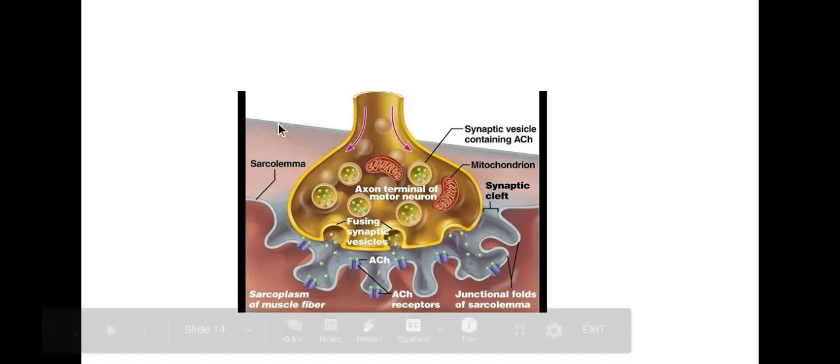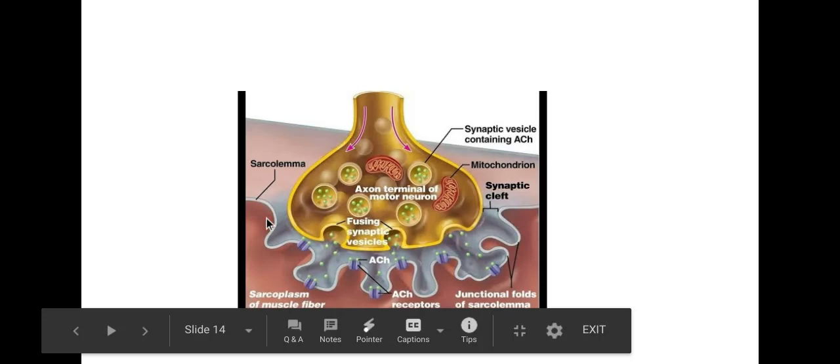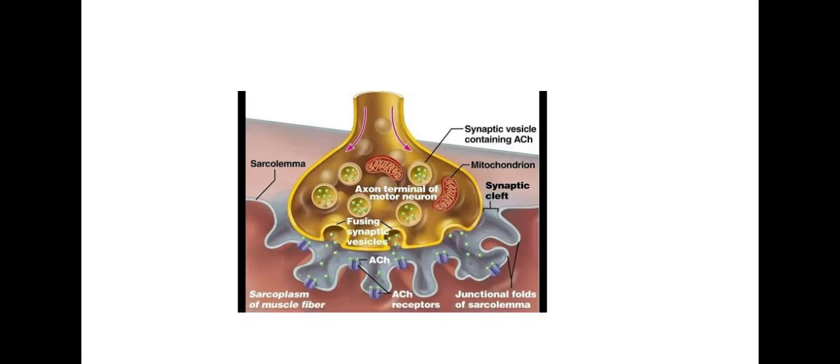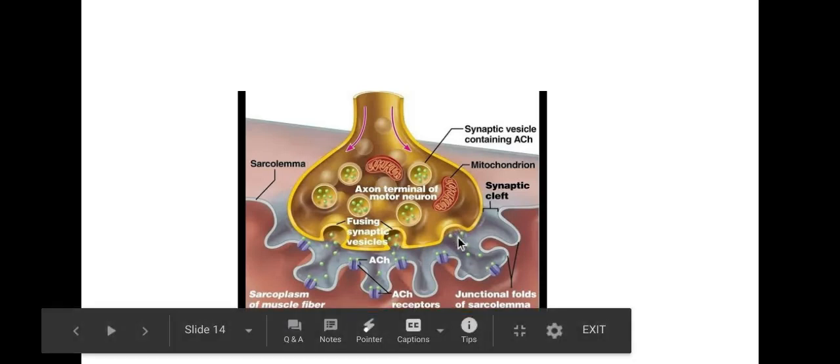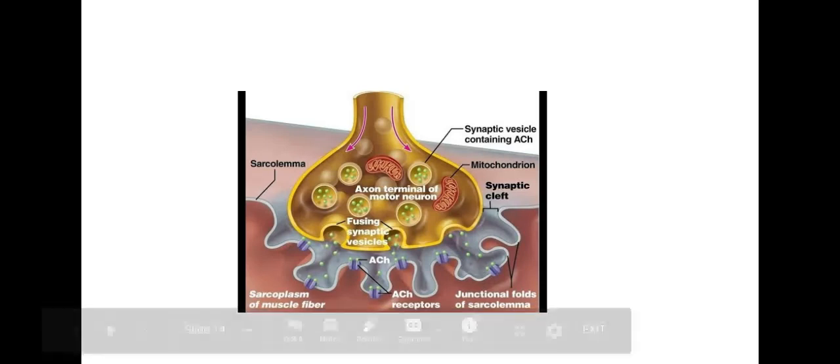Basically, it looks like the axon touches the sarcolemma, but they don't. There's a very small gap. Within that gap, the neurotransmitters move from the axon to the sarcolemma, that membrane on the outside of our muscle cells.